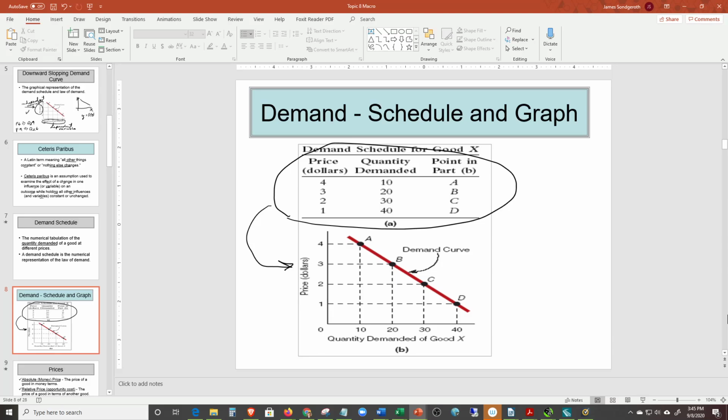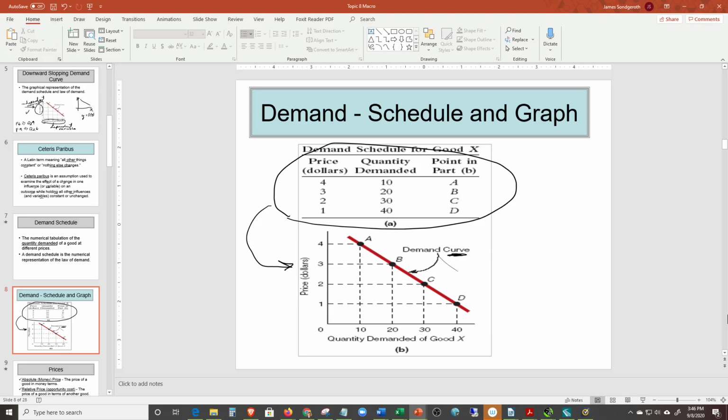Oh, by the way, this sometimes confuses people too. Economists call this demand curve a curve. Many students, when they take this, say, well, that's a straight line. It's not a curve. Well, as with mathematicians, we're going to classify a straight line as being in the set of all curves, okay?